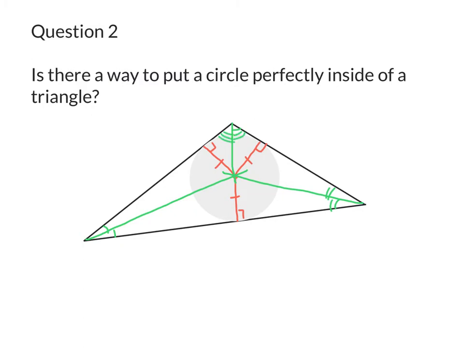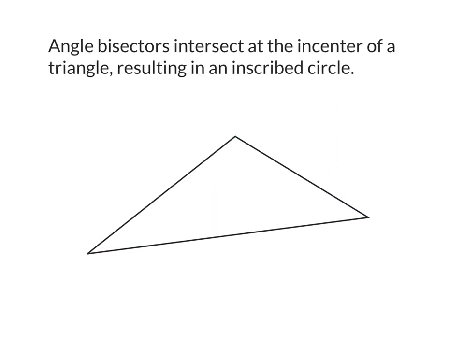All right, so let's go ahead and write that down. And what we're going to write down is that angle bisectors intersect at the incenter. So circumcenter is when the circle ends up being circumscribed around the triangle. This gives me an incenter because the circle is inside of the triangle.